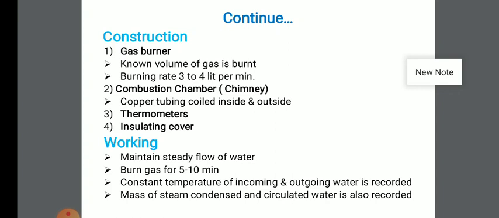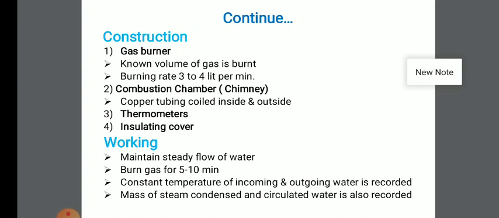Water enters from the top of the outer coil, moves to the bottom of the combustion chamber, and then goes up through the inner coil to the exit at the top. That means water circulation takes place in the combustion chamber, which controls the temperature of the combustion reaction.